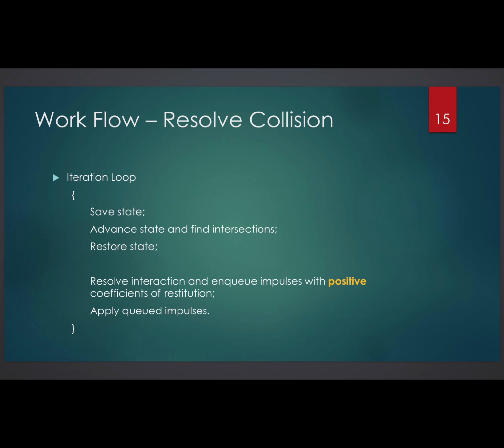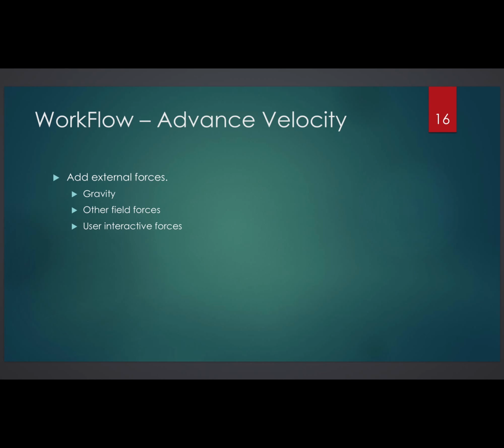To resolve collision, you have to keep in mind to resolve the interaction and apply impulses with positive coefficients. To advance velocity, it's pretty easy. Just keep in mind you have to include all extra forces.